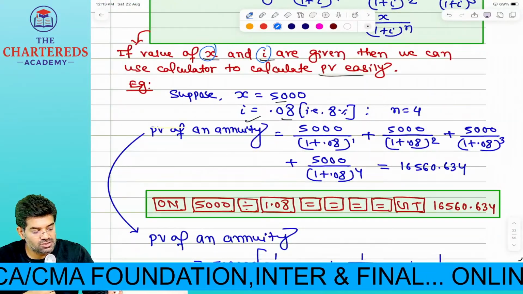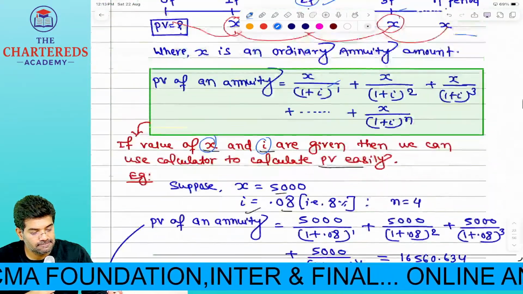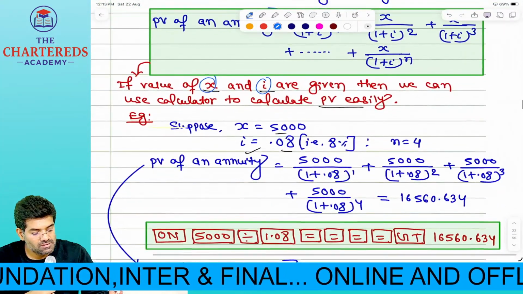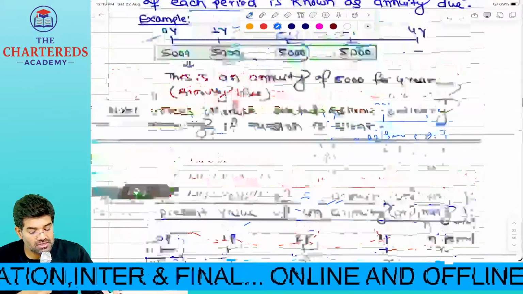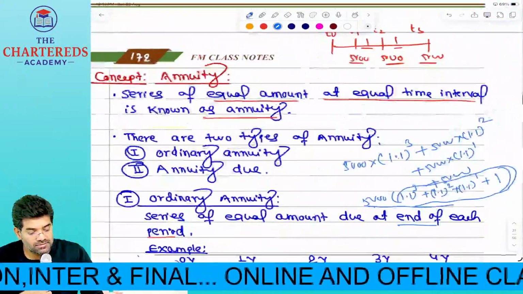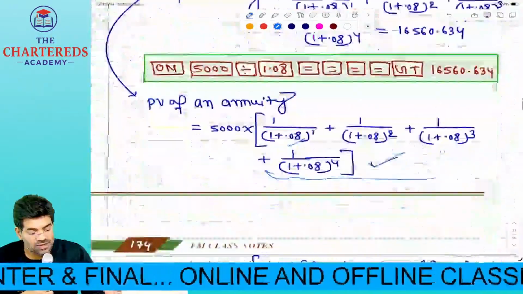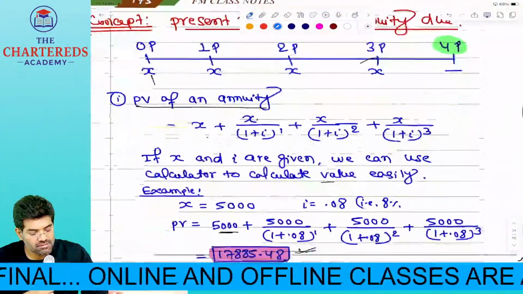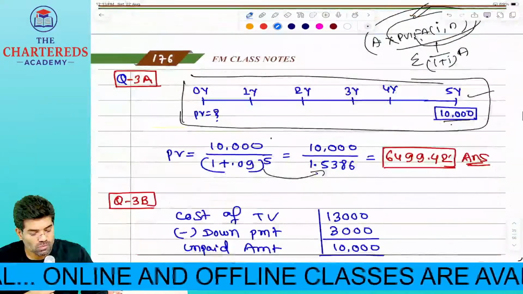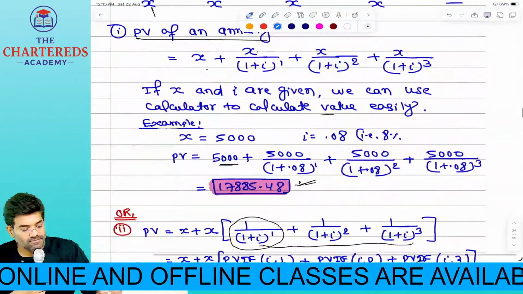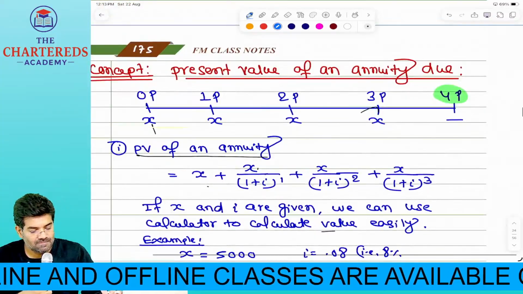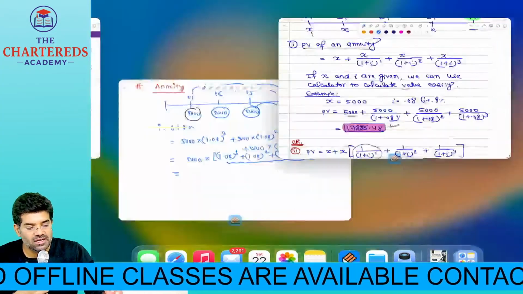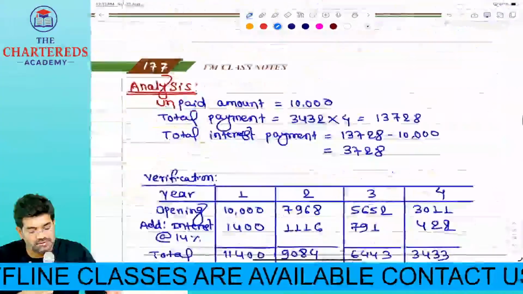Here we took 4 years. Present value, that is future value. What we are doing is future value. First the present value is presented there, and we have future value below that.